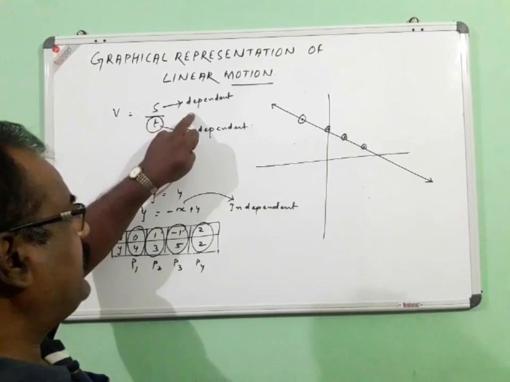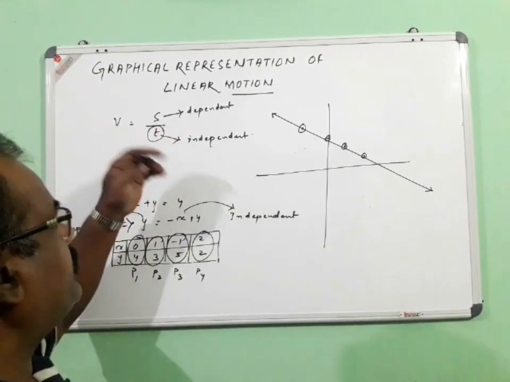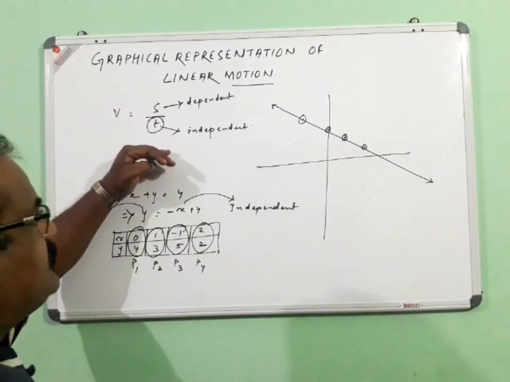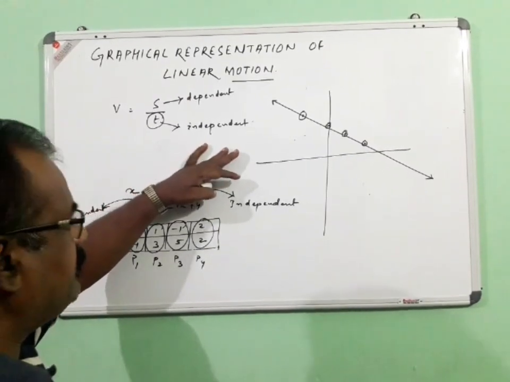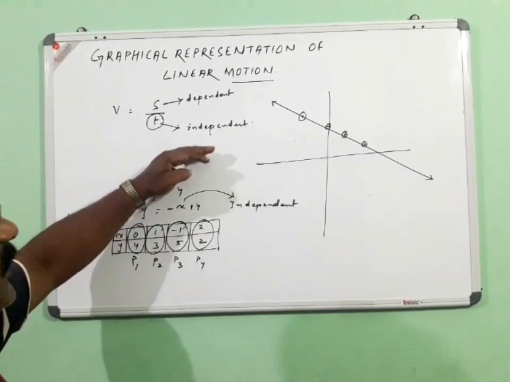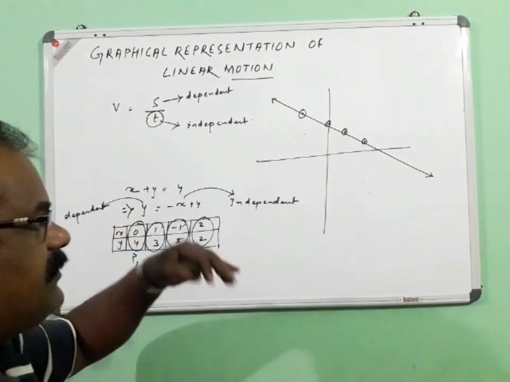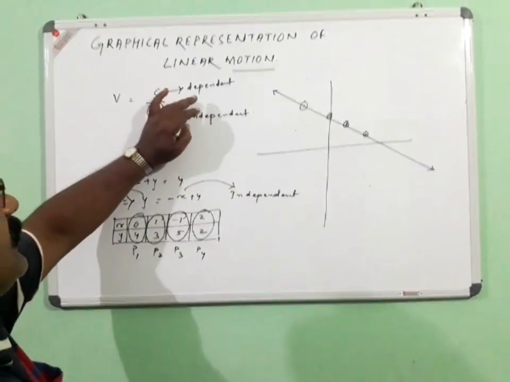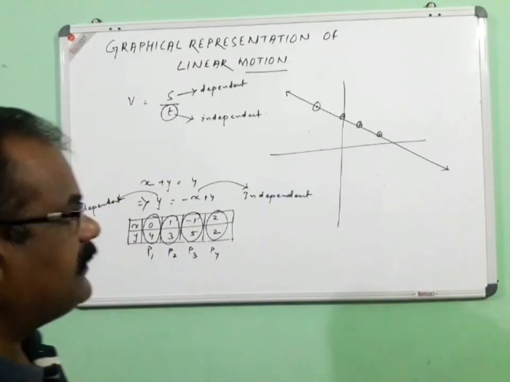So in case of any sort of expression, other than speed, we have to see which one is the dependent variable and which one is the independent variable. The independent variable has to be represented on the x-axis. It may be positive, it may be negative, whatever it may be. Similarly, the dependent variable every time has to be represented on the y-axis.